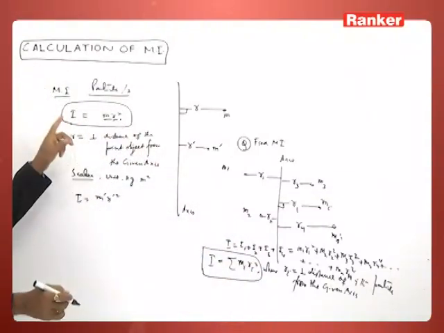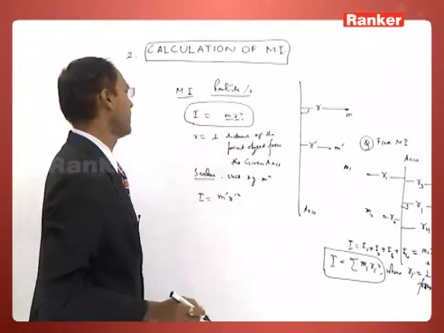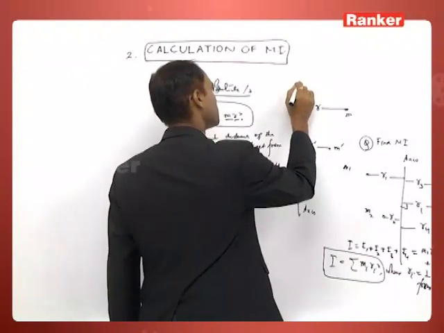So r should be the distance of the point object from the given axis, and that distance should be perpendicular to the axis.